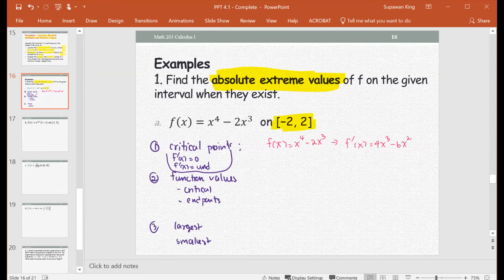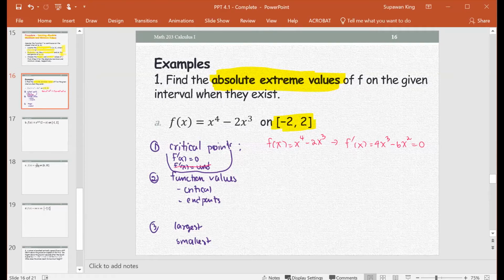And this is a polynomial function. It's only the case that f prime equals 0, because this is a polynomial and the graph is all smooth. So there's nothing to do with the undefined case, because the derivative of a polynomial is always defined. So we narrow the possibility for critical numbers down to one single chance: f prime equals 0.